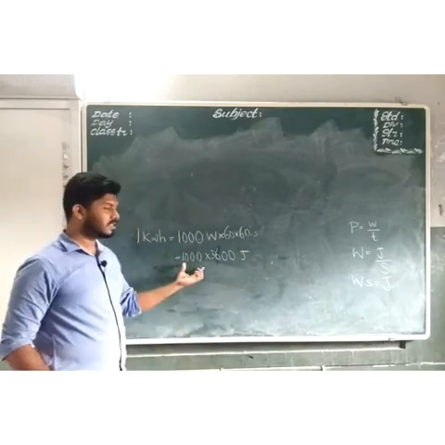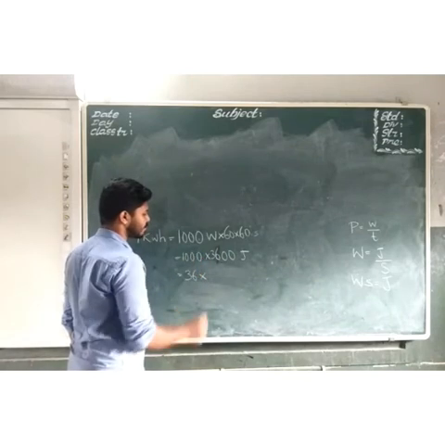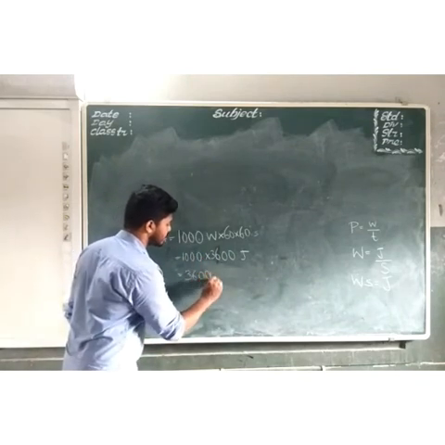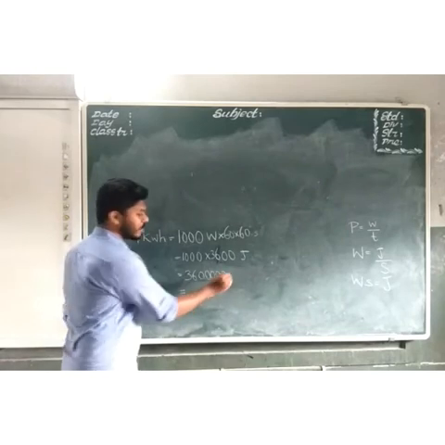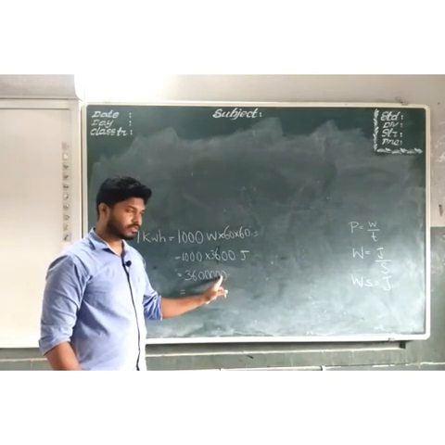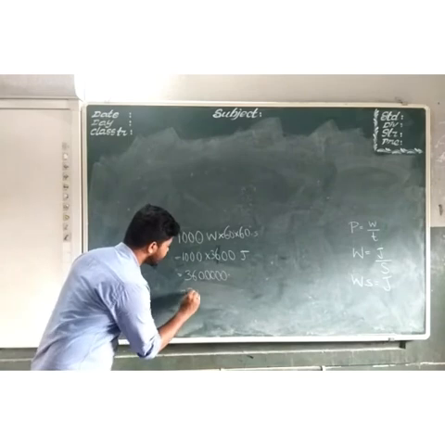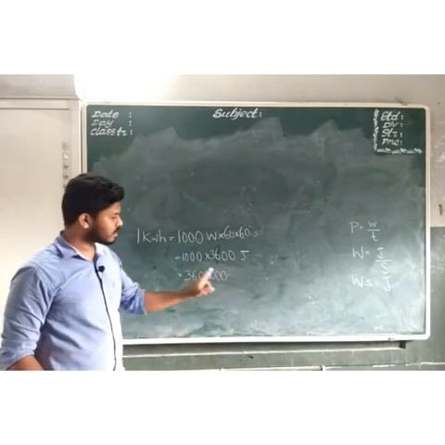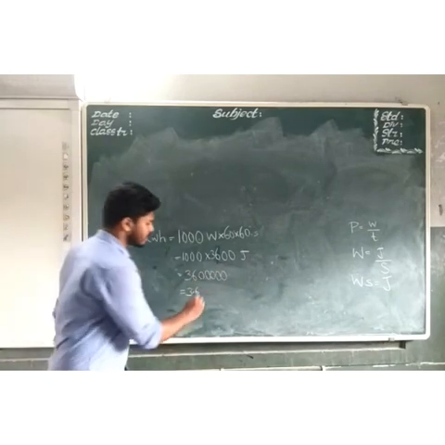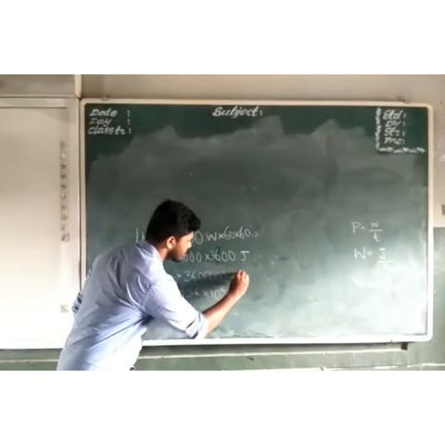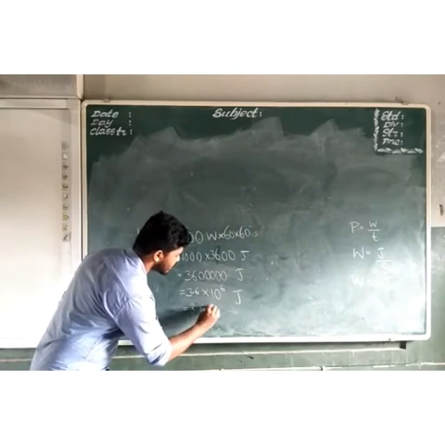Now 1000 into 3600 joule is 36 with 5 zeros. Moving the decimal point 6 places, it is 3.6 into 10 raised to 6 joule, which is equal to 3.6 megajoule.